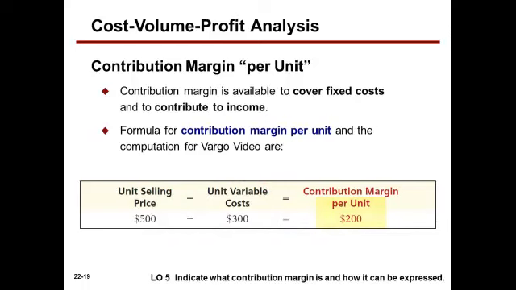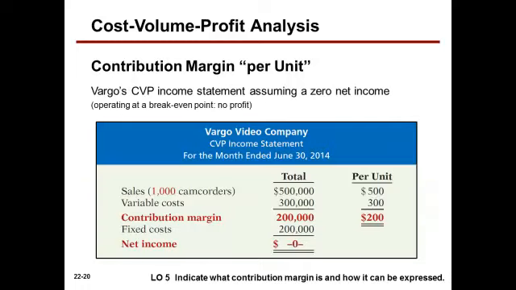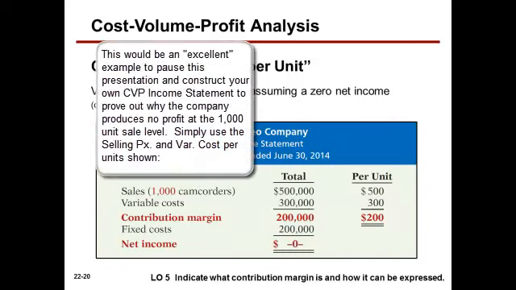Let's look at these same relationships with different unit volumes sold and see how our company does. Here we have Vargo's CVP income statement that predicts a zero net income result. In other words, they're operating at a break-even point, no profit.